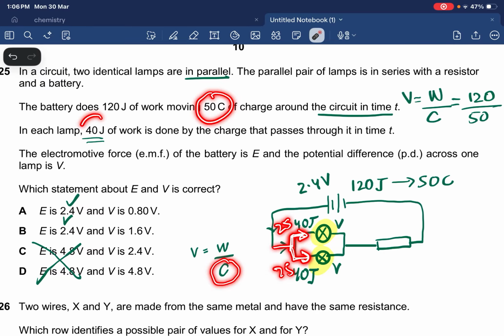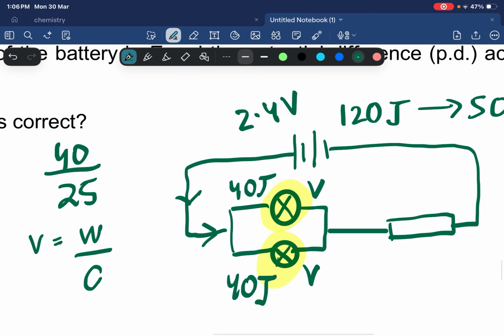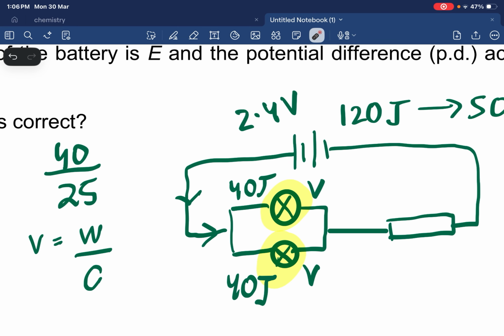So 40 joules of work is done by 25 coulombs of charge. Got it? So voltage equals work done upon charge. 40 joules of work is done by 25 coulombs of charge in each lamp, because the 50 coulombs of charge that is initially going to travel from here is going to divide like this.